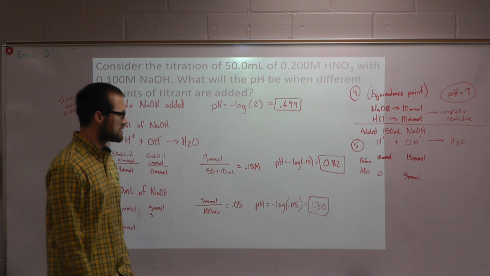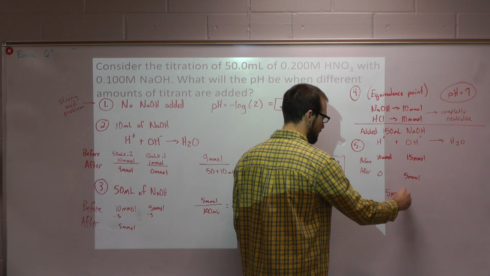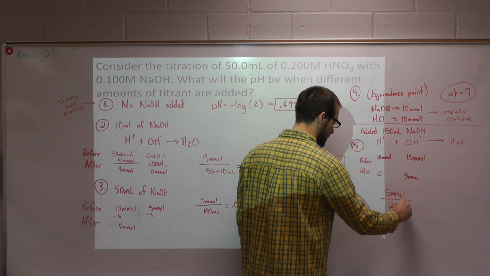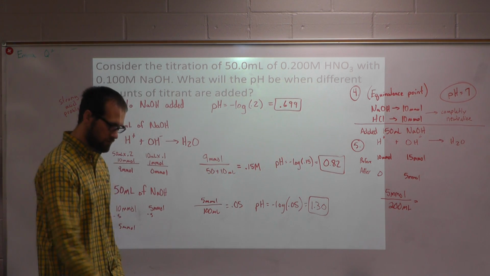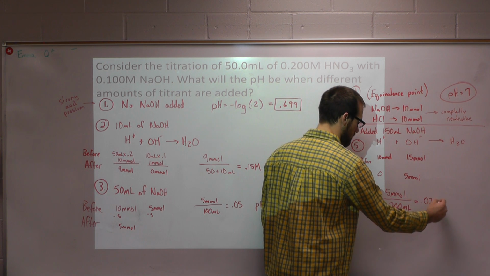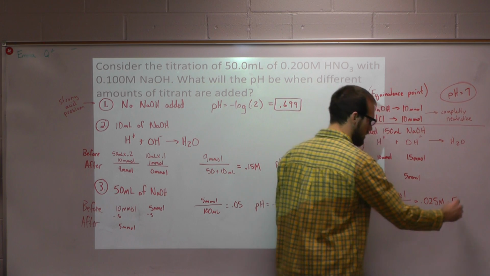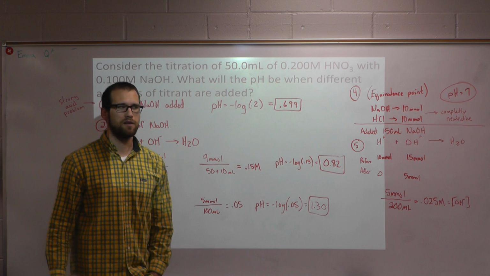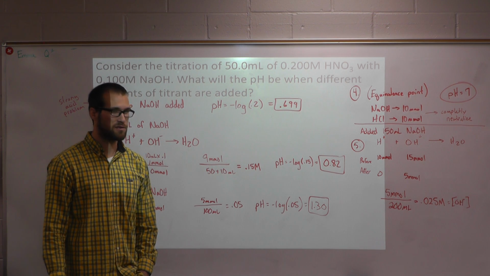Okay, process is still similar. I still want to find the concentration. Total volume is what? 200? What is that the concentration of? Okay, since that's the concentration of OH, we have to find the H plus before we can find the pH.